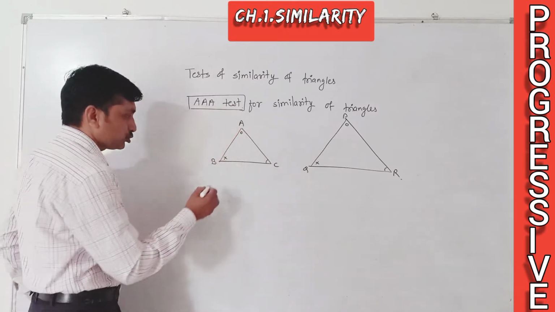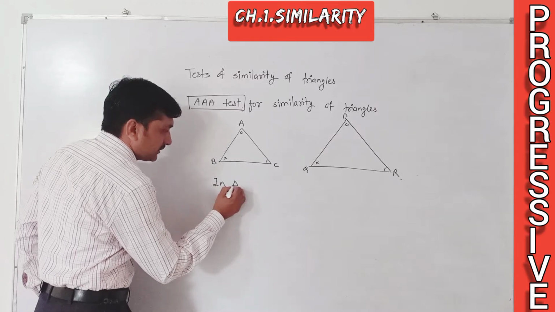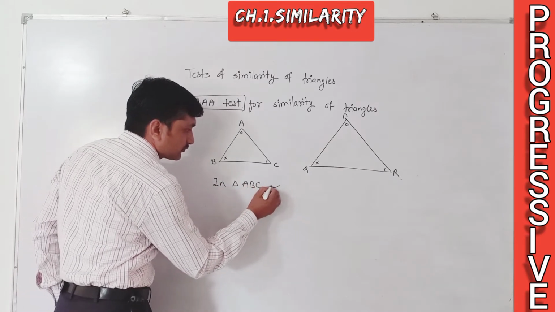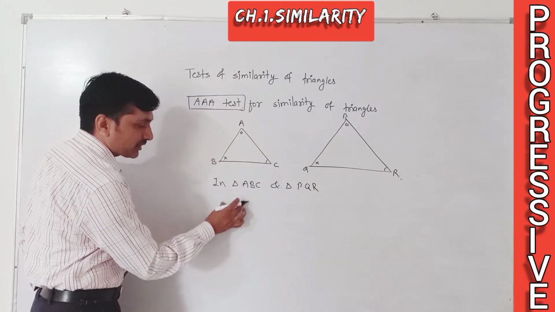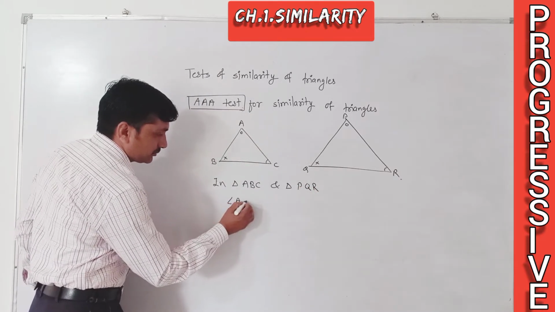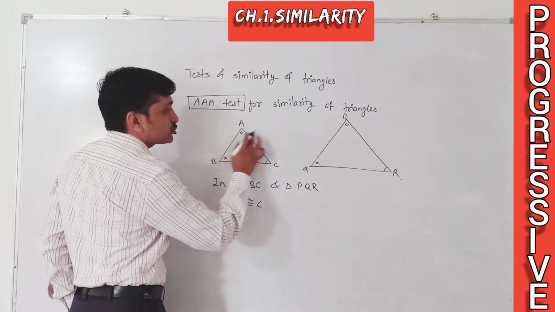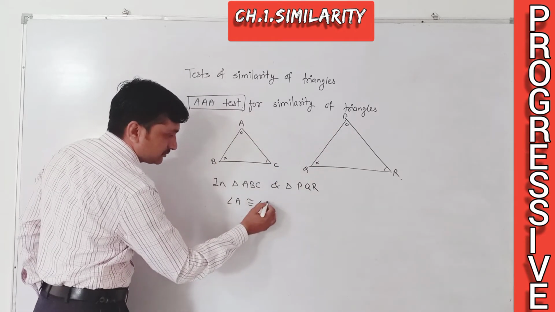And how to write this proof? In triangle ABC and triangle PQR, you have to write all three corresponding angles. Angle A is congruent with angle P, shown by an identical mark.